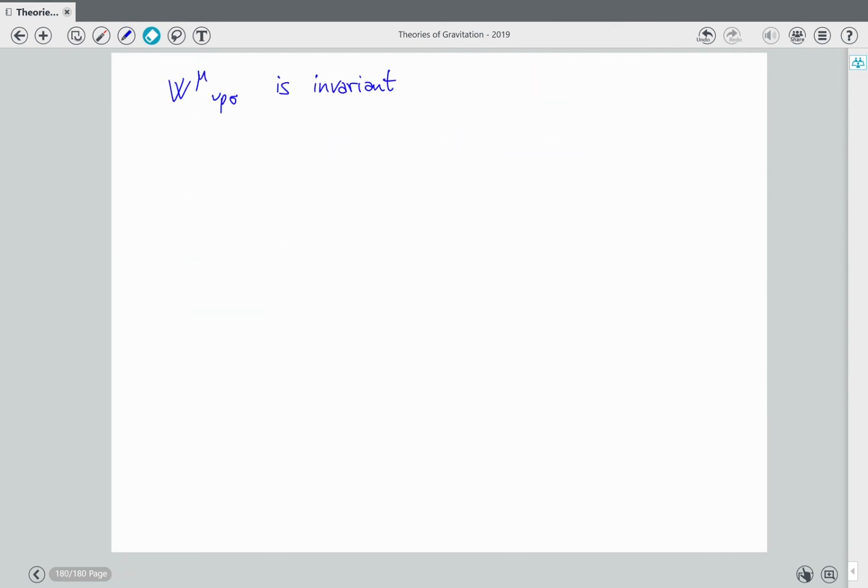But the one that is invariant, and this is a little bit long to check, but we will not do it here, but this one is invariant. And this property allows you to build a particular combination of quadratic terms that is conformal invariant. And it's a particular action that is completely conformal invariant.